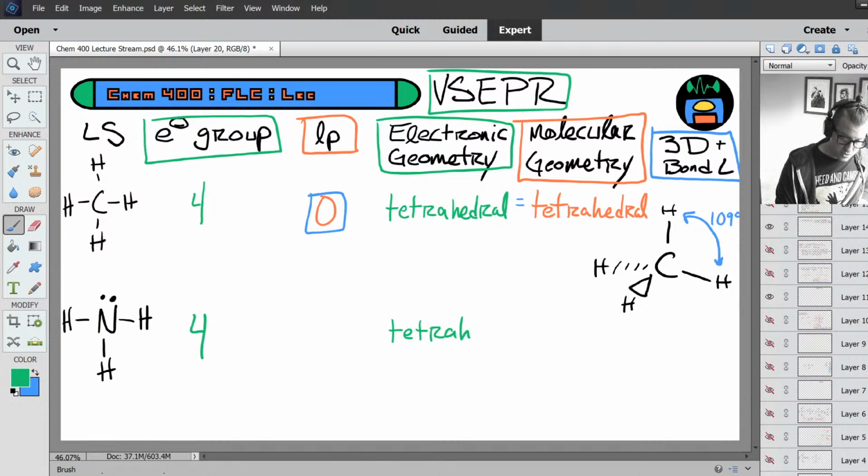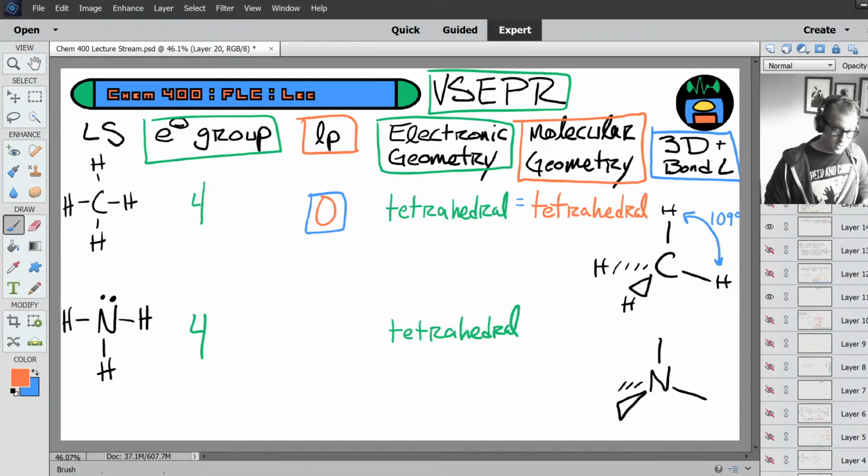We know this will be tetrahedral. All right? And when you know your electronic geometry, you can draw the start of your three-dimensional representation because every tetrahedron is the same. You're going to have 2 groups in the plane of the page or screen, 1 wedged coming out at you, 1 dashed going away from you.